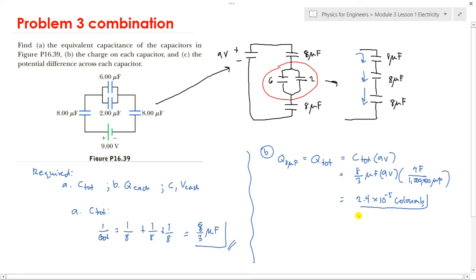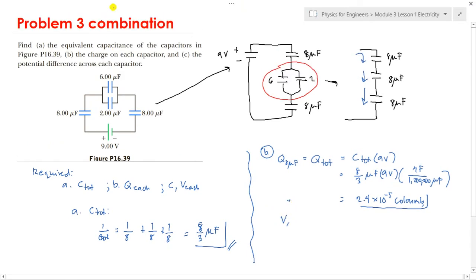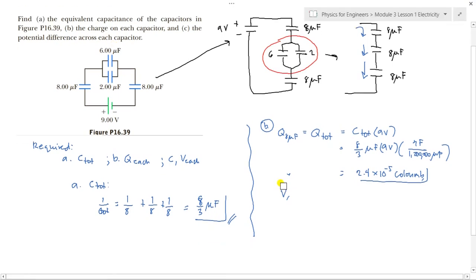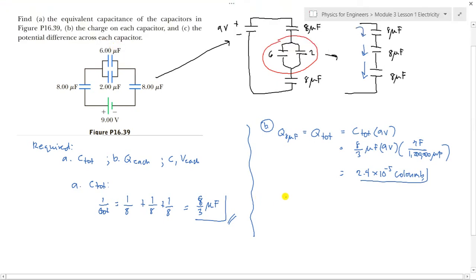And the voltage there, in order to solve for the voltage to find their Q, the voltage there is the voltage across the 6 and 2 microfarad capacitors.